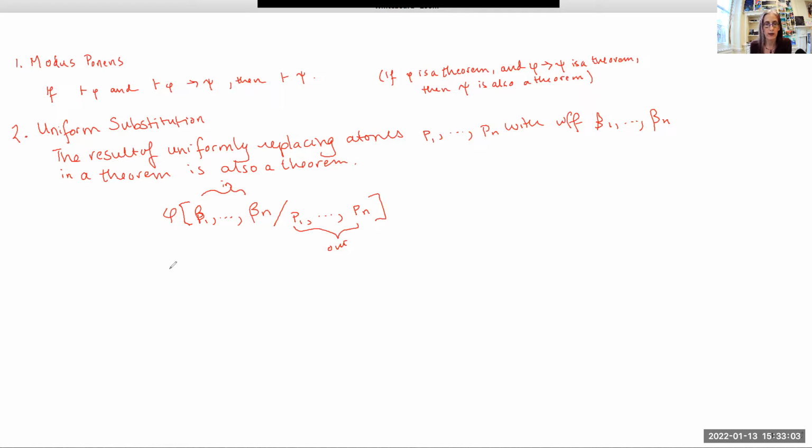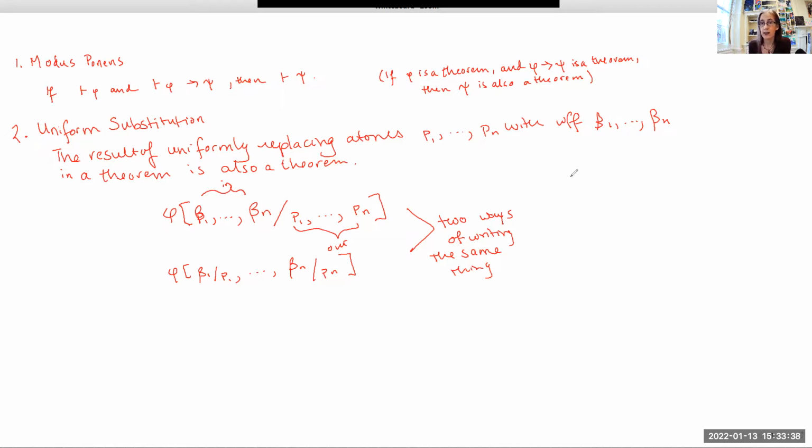Or we can also write it another way where you do each substitution: beta 1 gets substituted for P1 all the way up to beta n gets substituted for Pn. Both of these are two different ways of writing the same thing. Which one you use just depends on how many substitutions you're doing at the same time, and also what you want to draw your attention to.